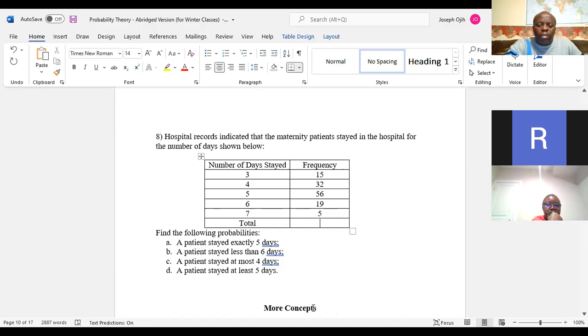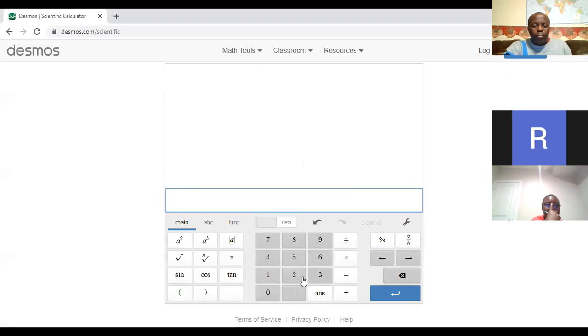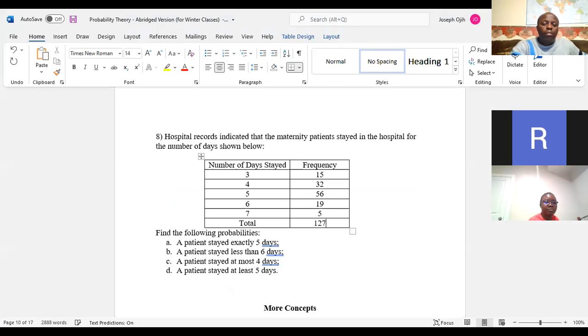Going to our calculator, we add the total frequency first: 15 plus 32 plus 56 plus 19 plus 5. 127 is the total frequency. So we put 127 right there. Now with this, we can answer these questions.